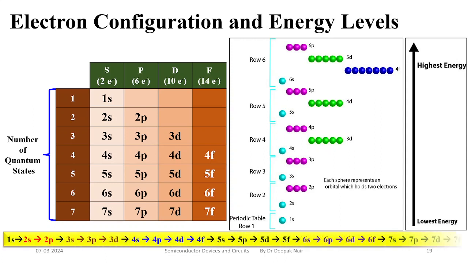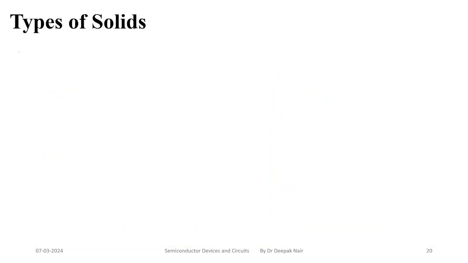Similarly, we can make a list as shown in the text box: 1s, 2s, 2p, and so on, up to 7f, and further, depending on the number of electrons associated with any atom.